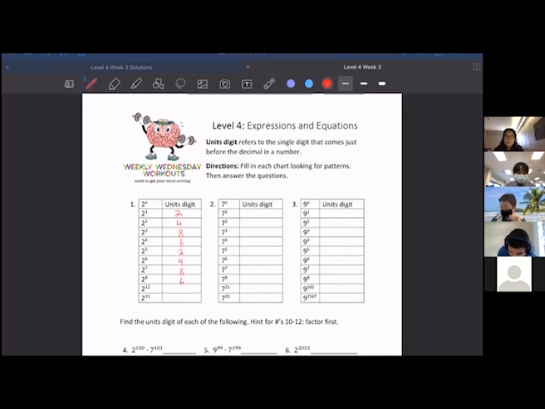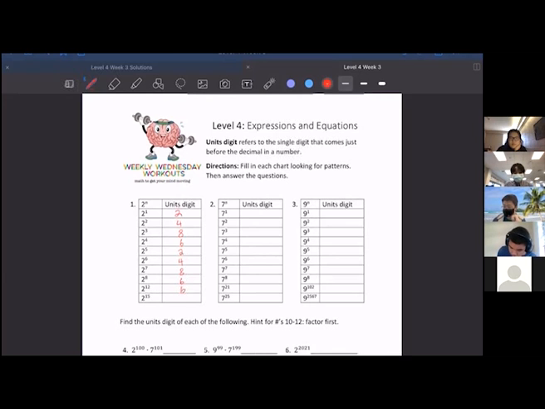So if 2 to the 4th power is 6 and 2 to the 8th power is 6, does anyone want to take a guess on what 2 to the 12th power is? Yep, the units digit is also 6.